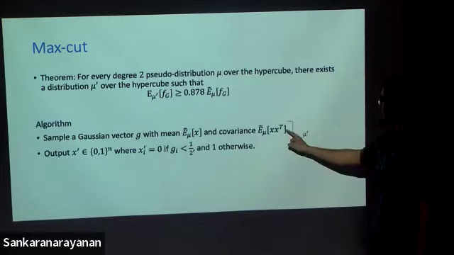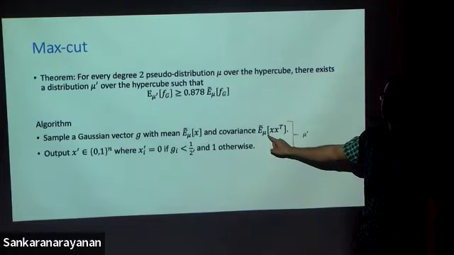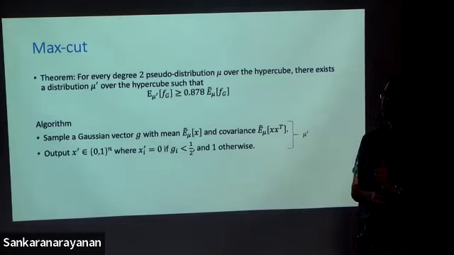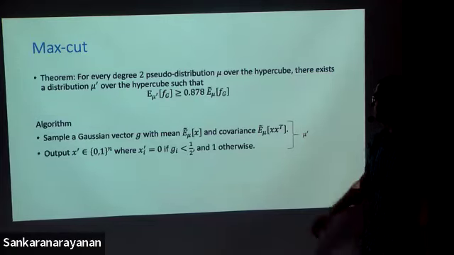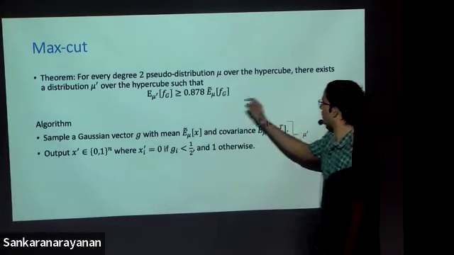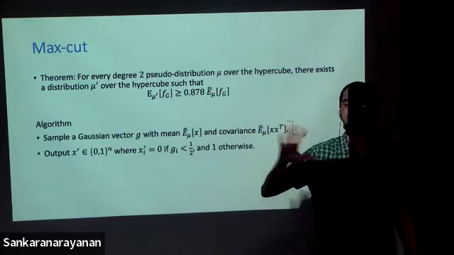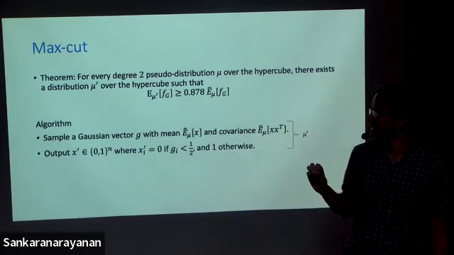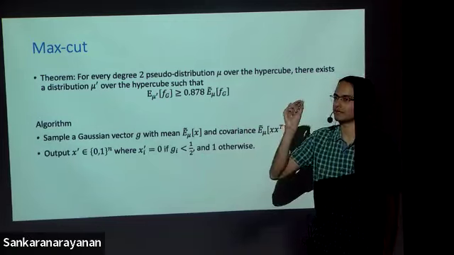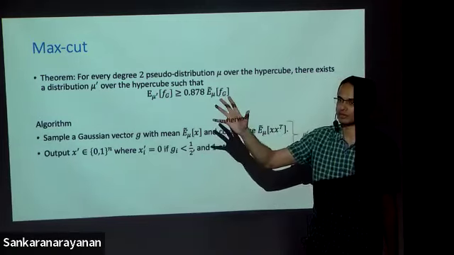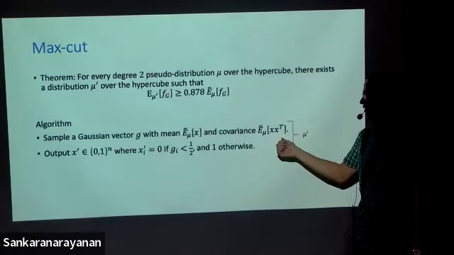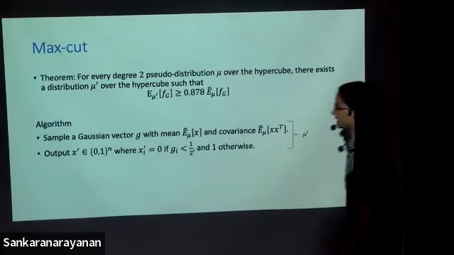No, x is a variable. So mu is a pseudo distribution over degree 2 polynomials. X is a vector. So what is mu? Mu is a pseudo distribution over vertices of the hypercube, so it's giving you a value mu x for every value x on the hypercube. So this is a matrix.